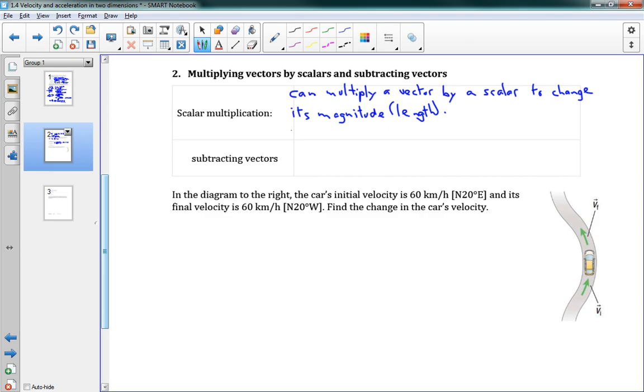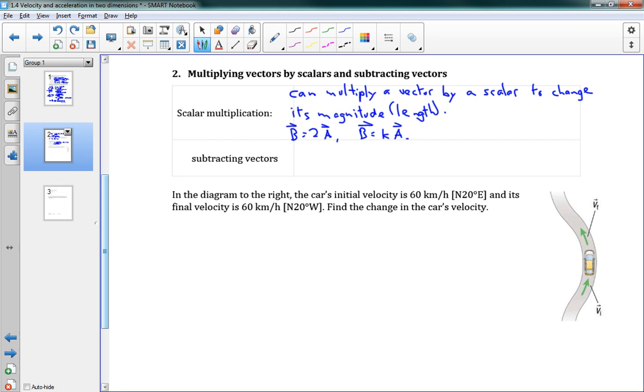And some examples of that, we could say that b is equal to 2a, or we could say in general that b is equal to ka, where k is just any scalar. So we can take the vector a, and if we multiply by 2, then b will be twice as long.